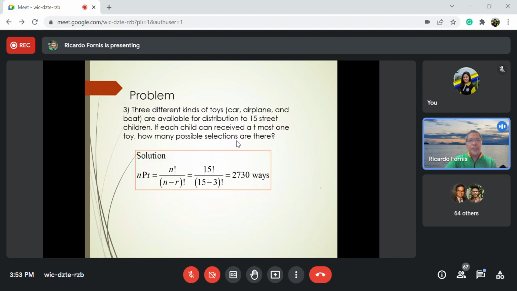Okay, next problem. There are 3 different kinds of toys, car, airplane, and boat, available for distribution to 15 street children. If each child can receive at most 1 toy, how many possible selections are there?